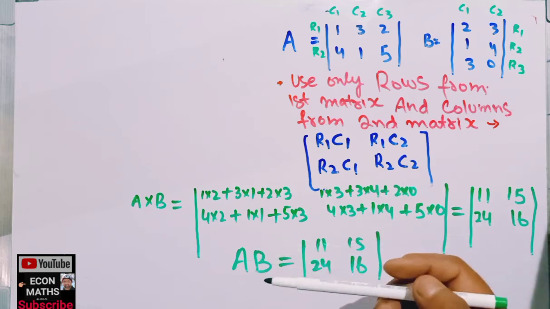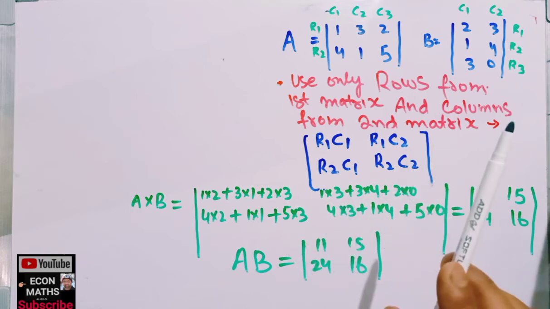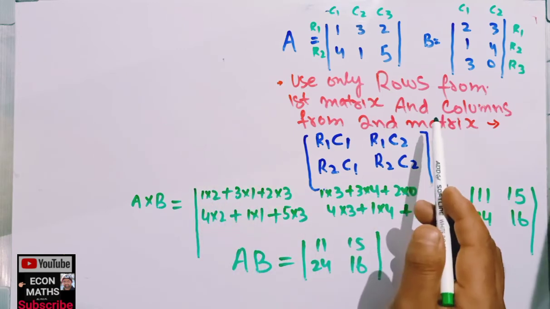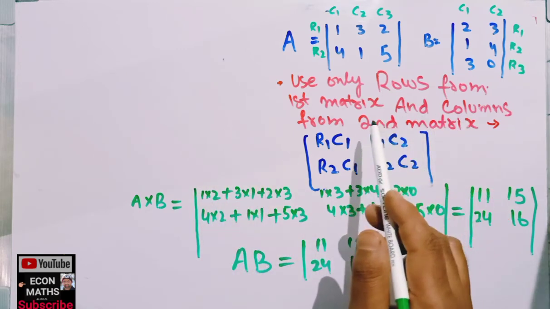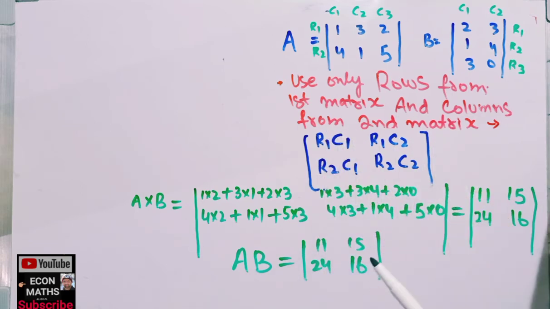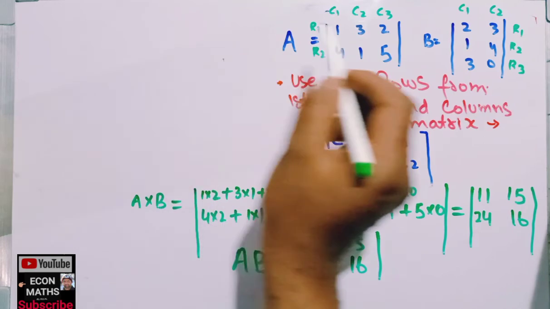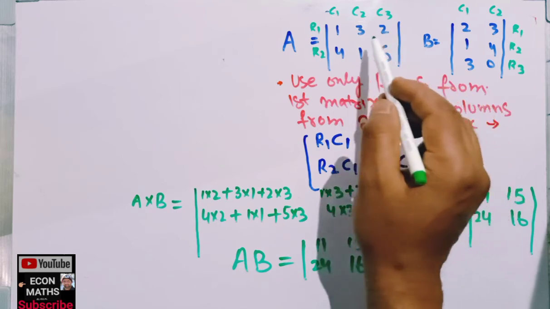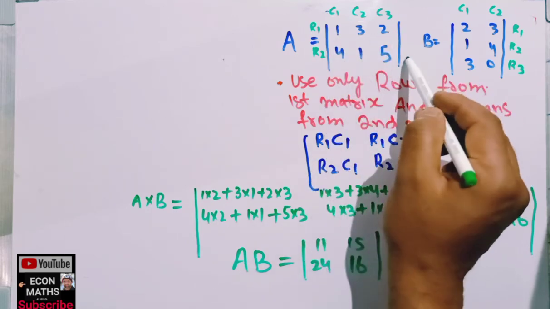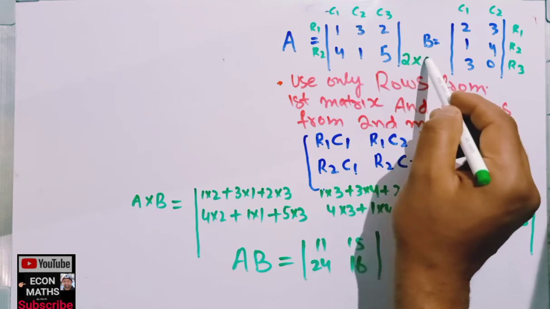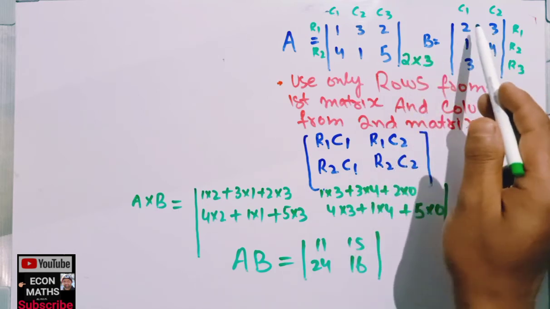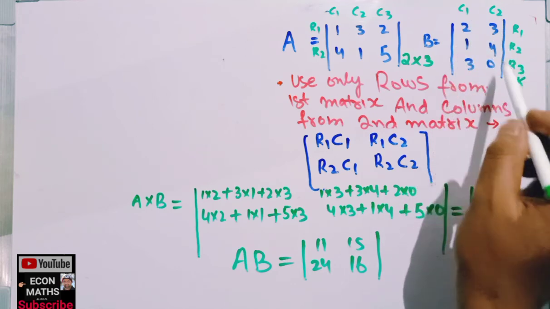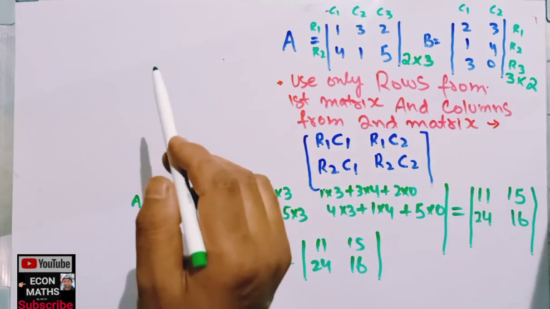So this is the matrix multiplication, and only one thing is to be remembered: we have to use the rows of the first matrix and columns from the second matrix. We have seen these were conformable matrices, because the dimensions were: number of rows 2 and columns 3 for the first. Similarly, for the second, the number of rows were 3 and the number of columns were 2.